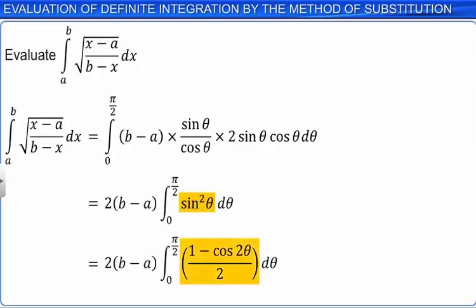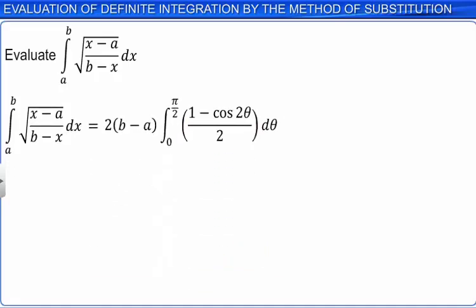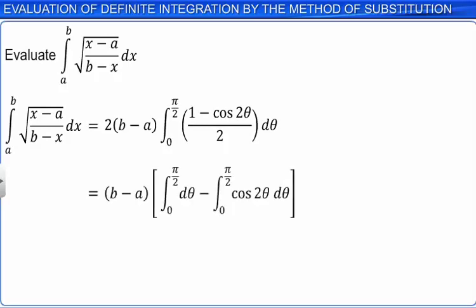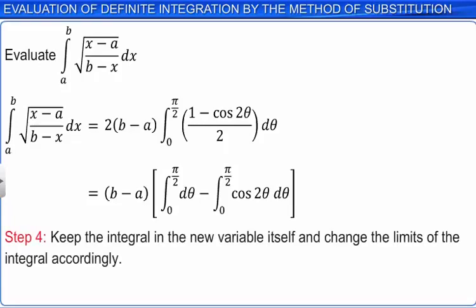On splitting the integral, we get (b minus a) times the integral of d theta from 0 to pi by 2 minus the integral of cos 2 theta d theta from 0 to pi by 2. We know that the integral of d theta is equal to theta, and that the integral of cos 2 theta is equal to sine 2 theta divided by 2.